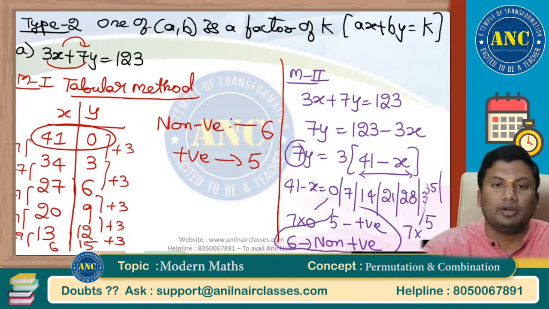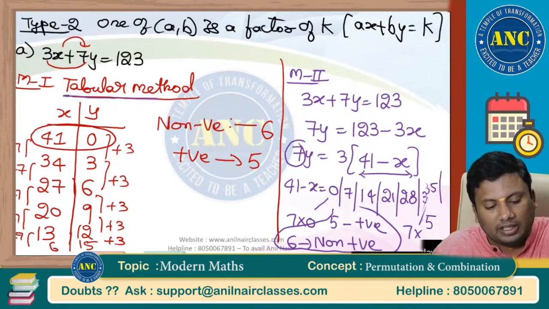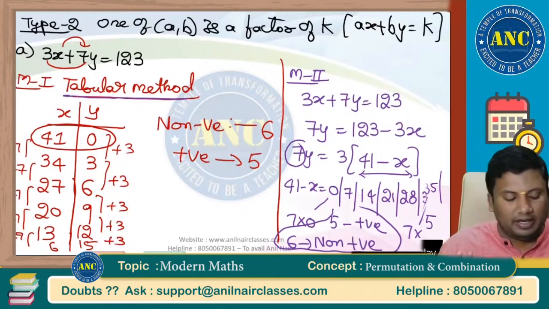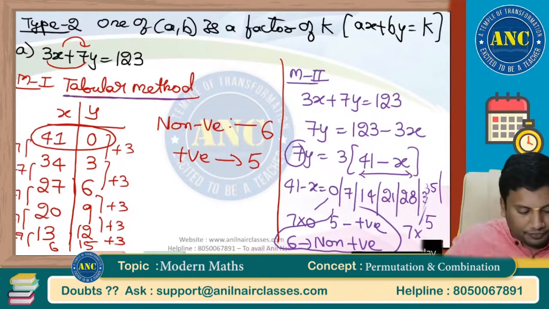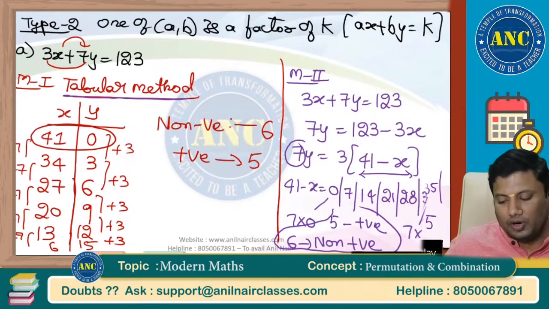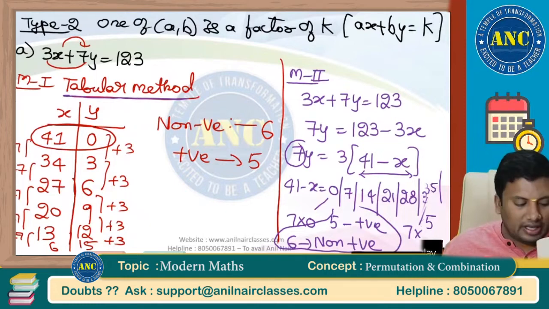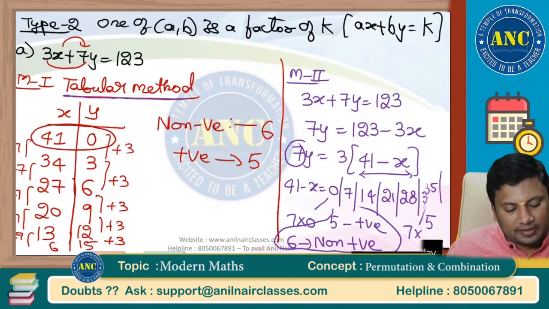6 non-negative, 5 positive. In case you are not comfortable with the tabular method and you are comfortable with the divisibility rules, you can use this method. 3x plus 7y equals 123, so 7y equals 123 minus 3x. 3 common, which is 41 minus x.